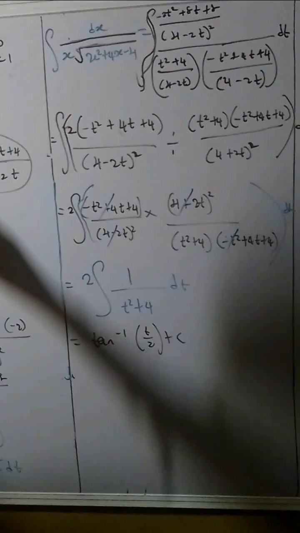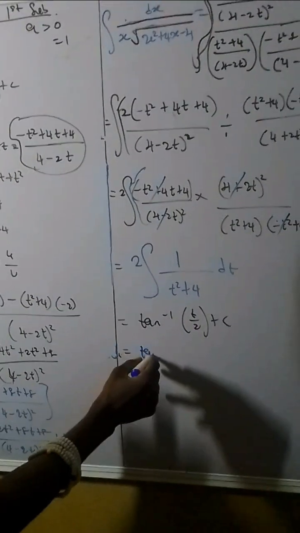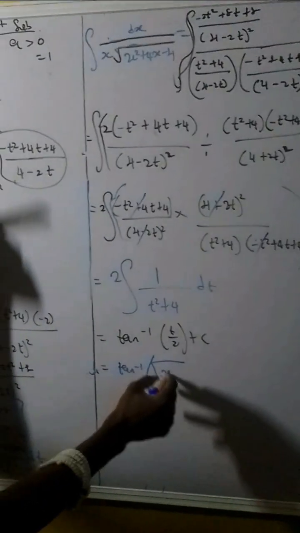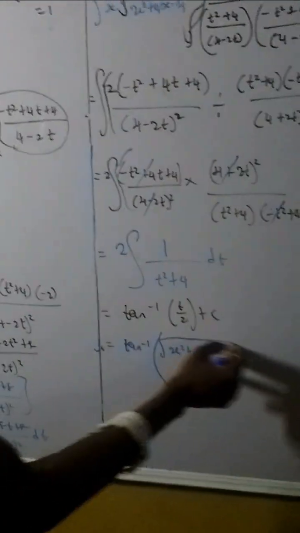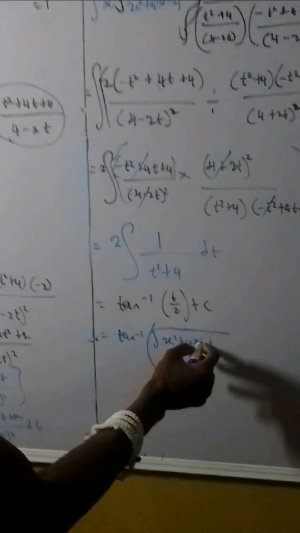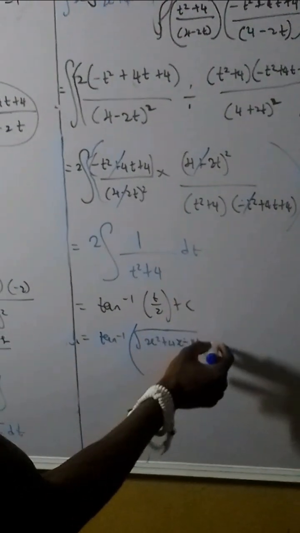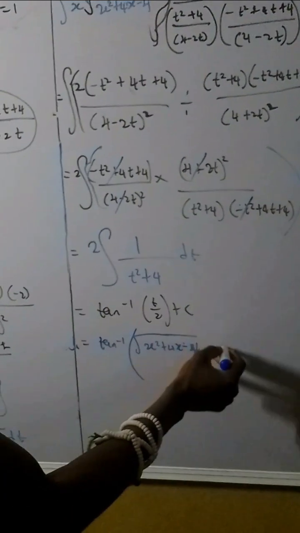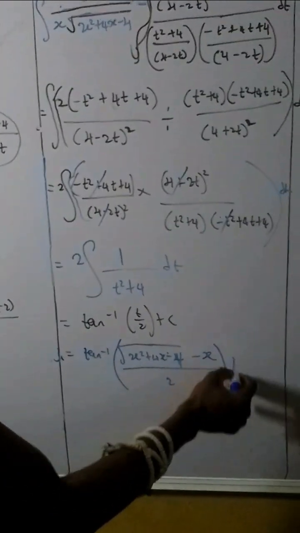Then coming back to this s plus t, if you shift x to this side, you'll be having it equals tan inverse of our t, which will now become square root of x squared plus 4x plus 4 minus 4, then minus the x, which will come to the back there, then over 2, plus c.